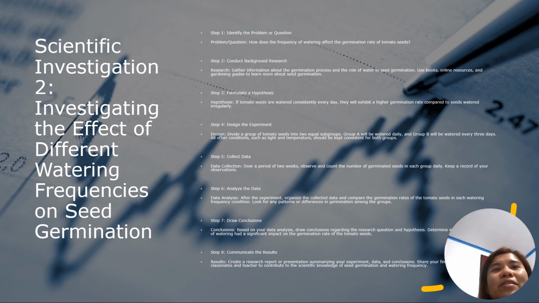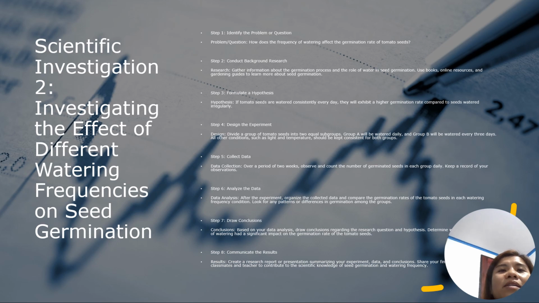Next is step 4, design the experiment. Divide a group of tomato seeds into 2 equal subgroups. Group A will be watered daily and Group B will be watered every 3 days. All other conditions such as light and temperature should be kept consistent for both groups to have a fair test. That is very important.